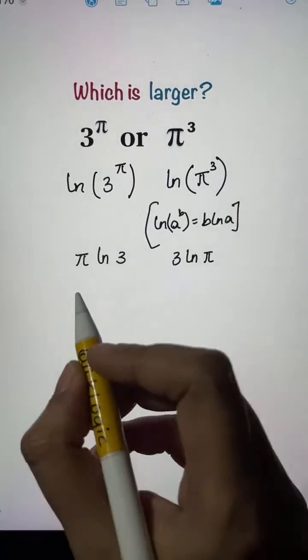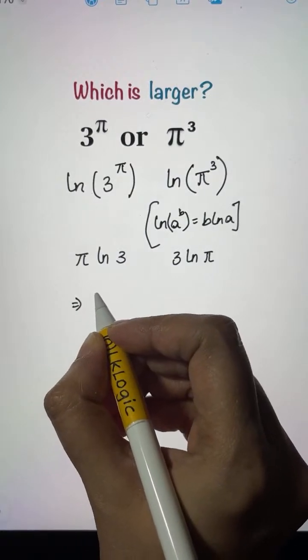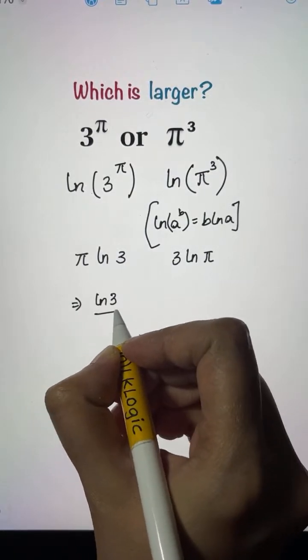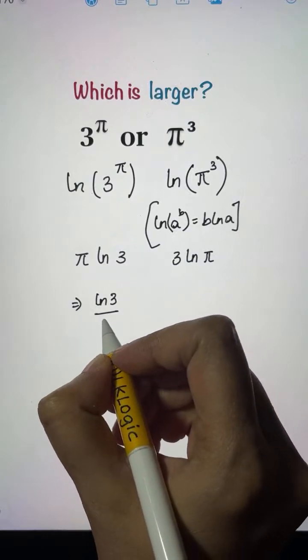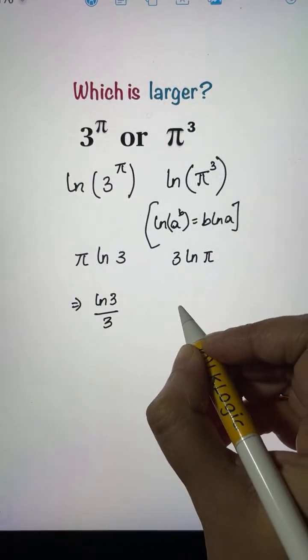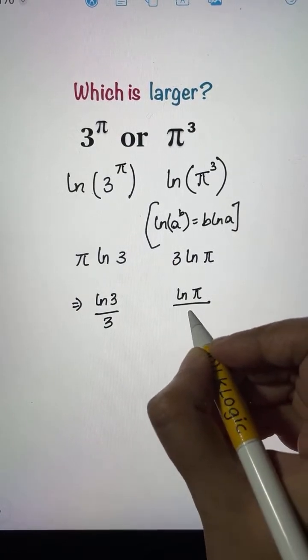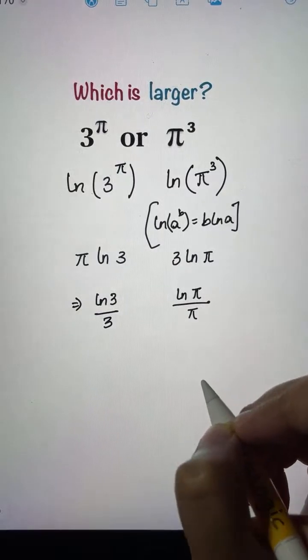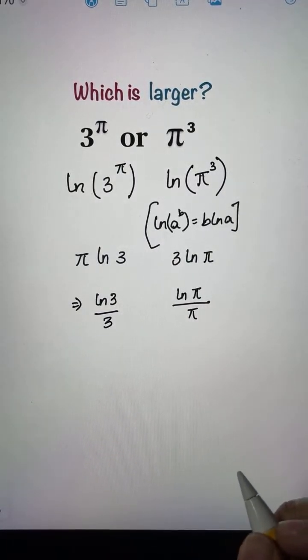If we divide by 3 pi, we get natural log of 3 over 3, as pi gets cancelled, and here natural log of pi over pi, as 3 gets cancelled. Is that right?